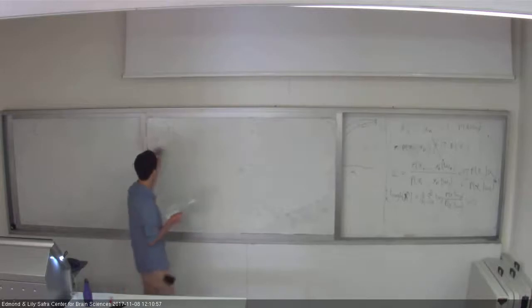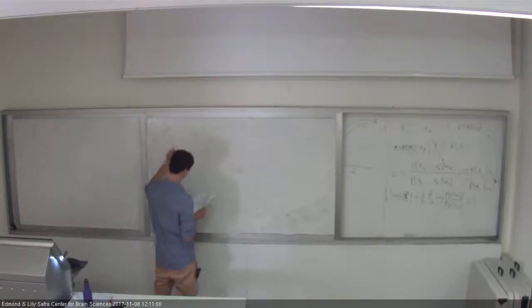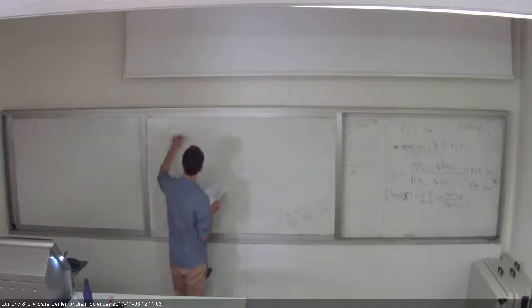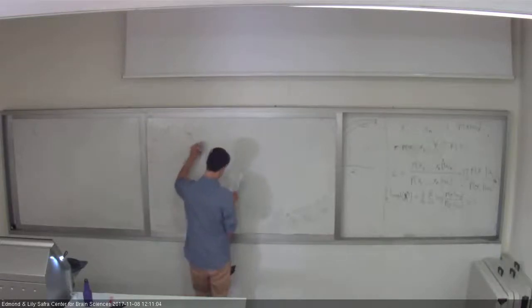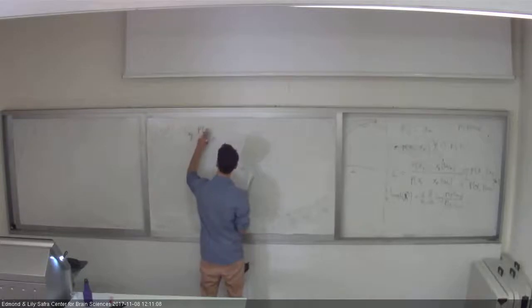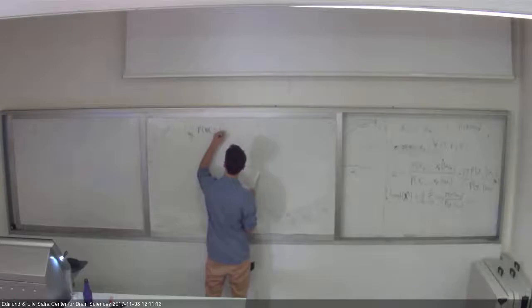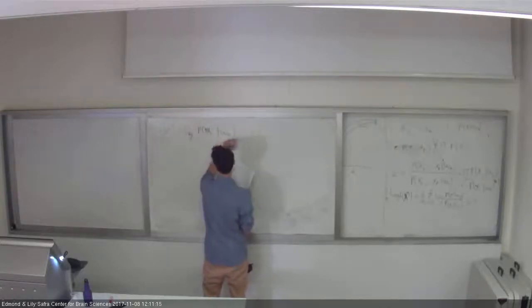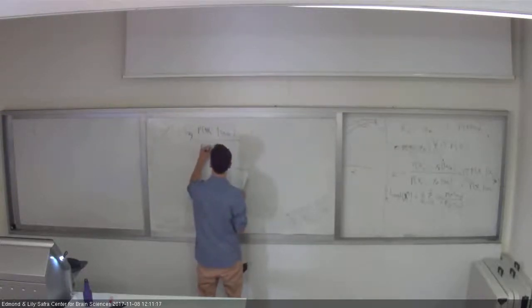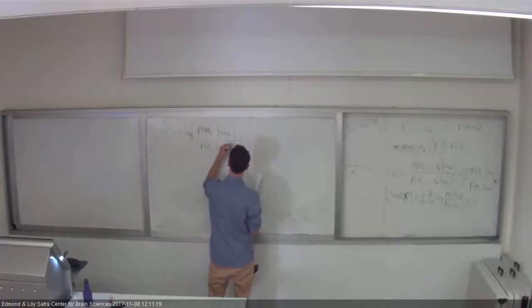We'll define a new random variable, zi, that is equal to the log of p of xi given omega 0 divided by p of xi given omega 1.